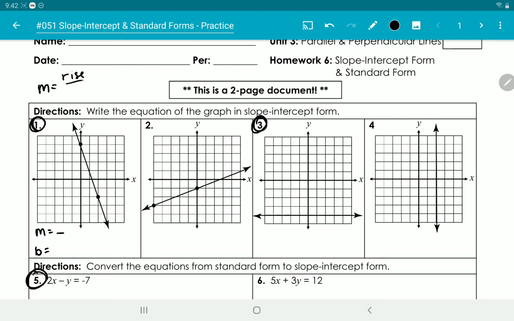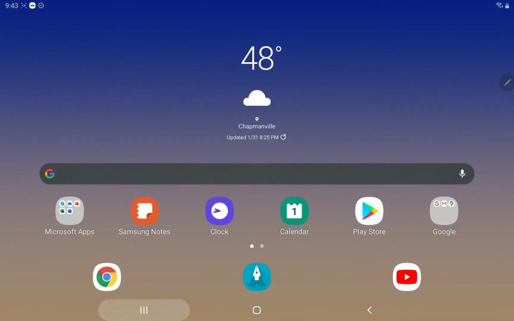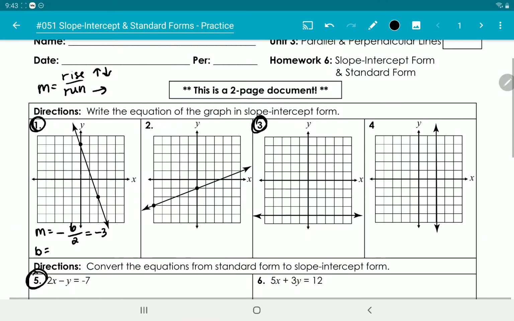Okay? So that's going to be how far up or down divided by how far right. So here we have to go down 1, 2, 3, 4, 5, 6. Okay, and then how far right we have to go is just 2. So negative 6 divided by 2 is negative 3. And then for the y-intercept, we're going to count how far up or down you have to go from the origin in order to get to the point that hits the y-axis.